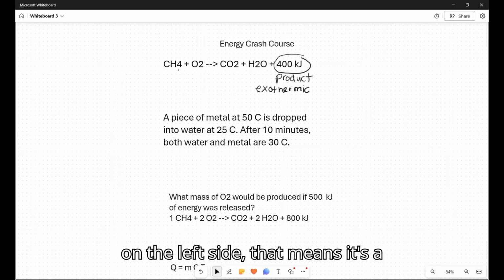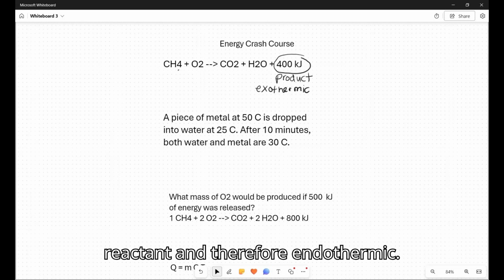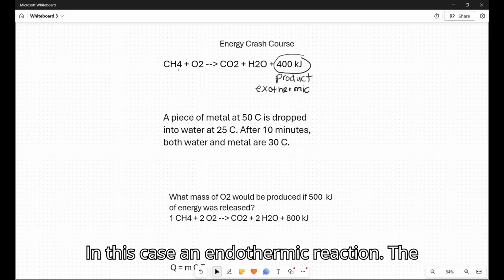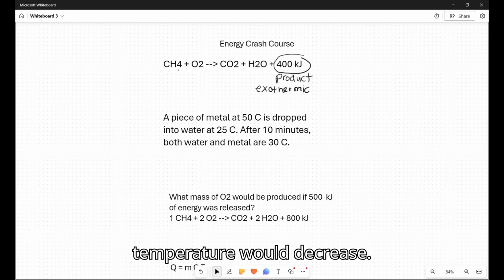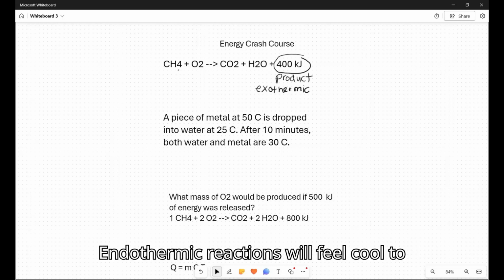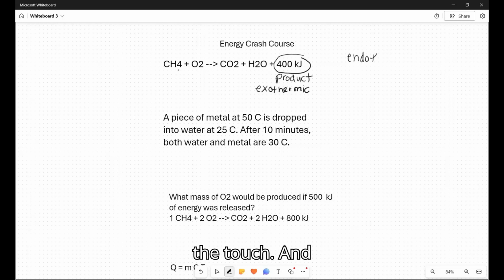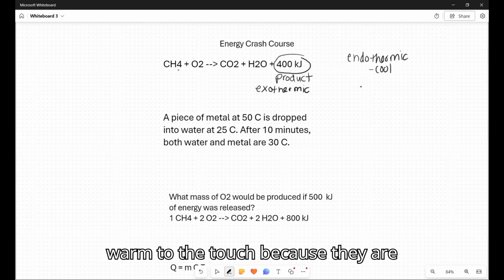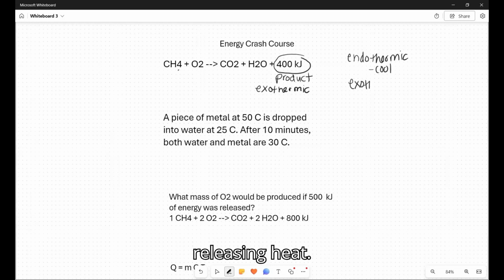Again, if it's on the left side, that means it's a reactant and therefore endothermic. In an endothermic reaction, the temperature would decrease. Endothermic reactions will feel cool to the touch, and exothermic reactions will feel warm to the touch because they are releasing heat.